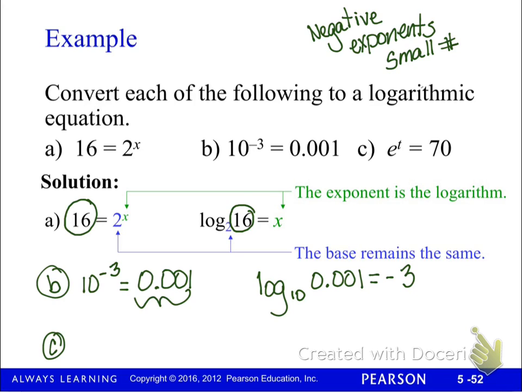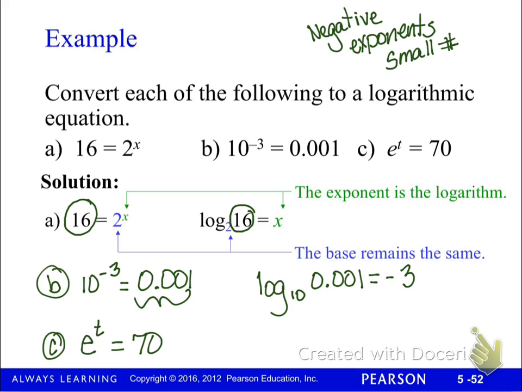Now, e is an irrational number, and as you were looking through your videos this week, you will learn more about e. It's Euler's constant. It's a little bit like pi. It's an irrational number. So here we have e raised to the t power equals 70.